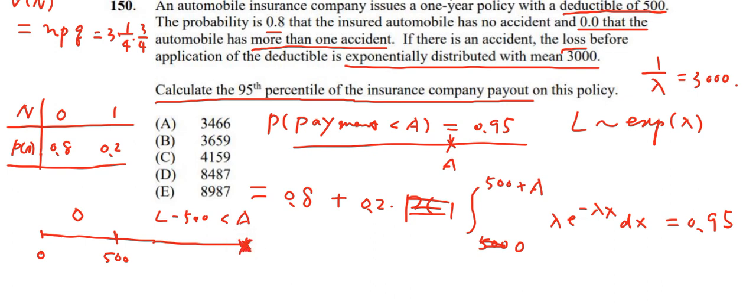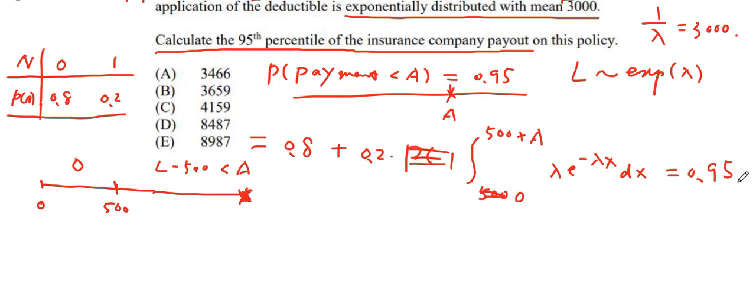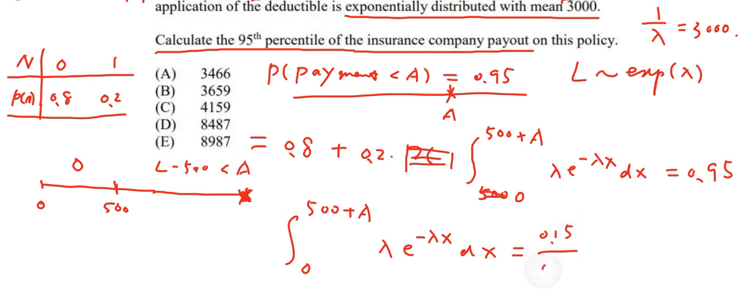Then we can find the divided point: 0.95 minus 0.8, divided by 0.2. So this integration should equal 0.15 over 0.2, so we can say this equals 3/4.